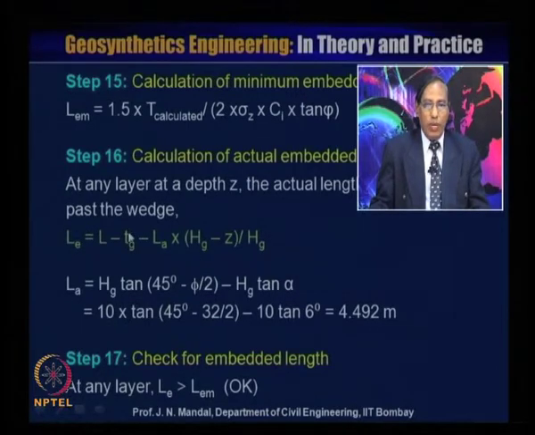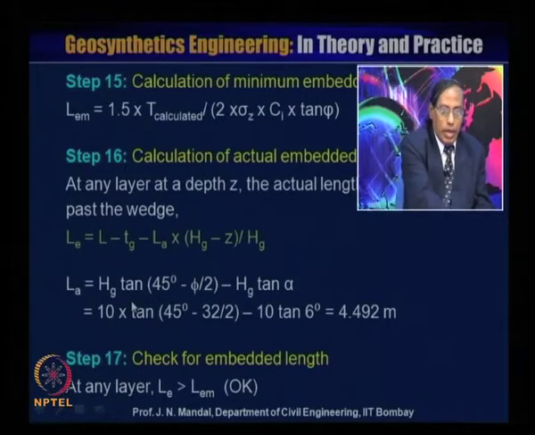So, now LA will also be Hg into tan(45 degree minus phi by 2) minus Hg into tan alpha. So, this is LE and this is LA. Okay.